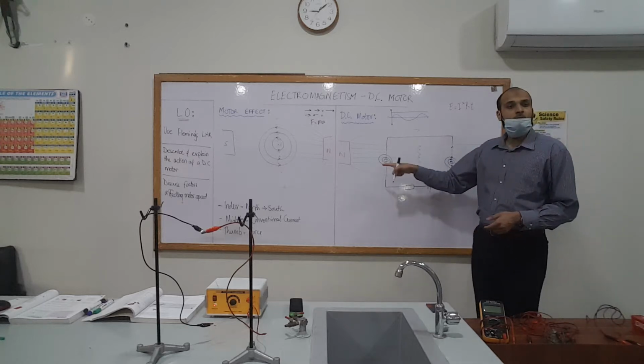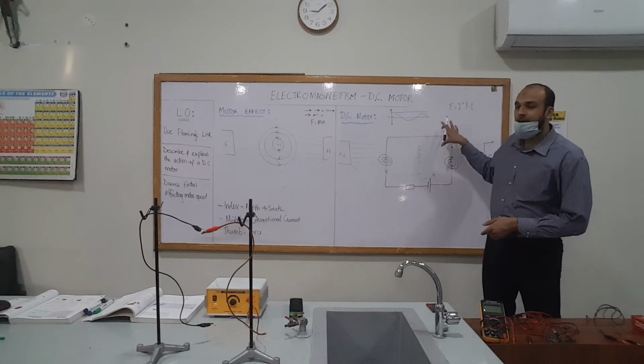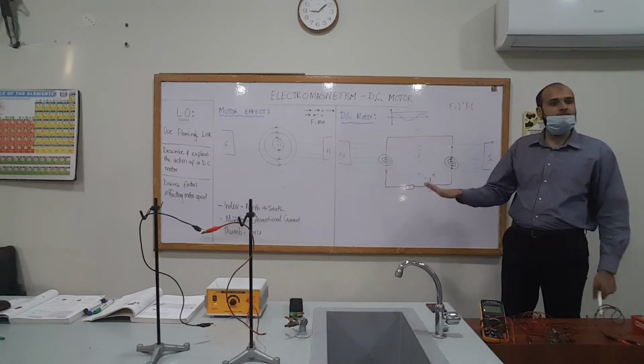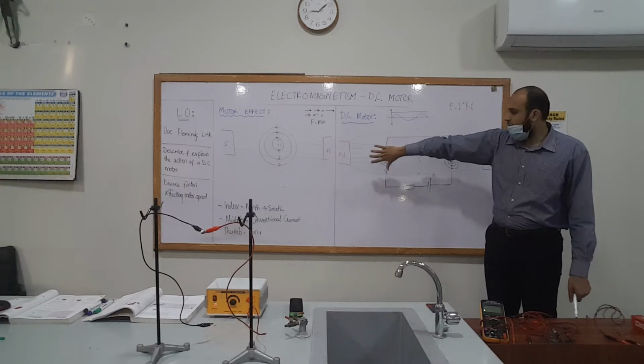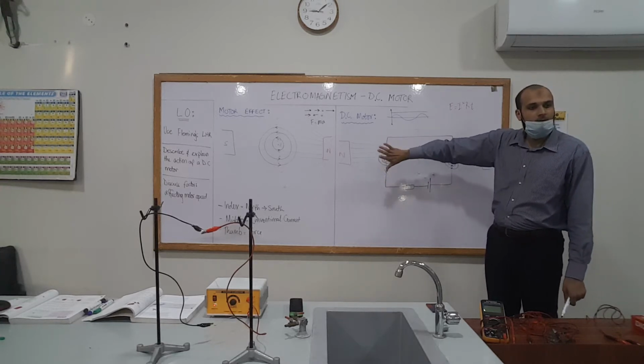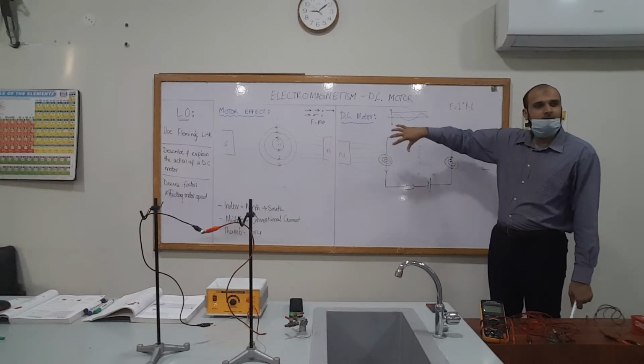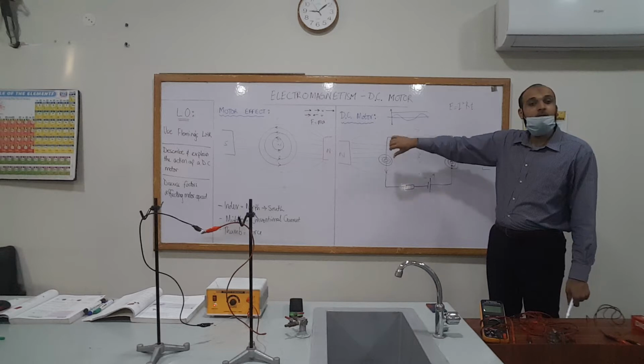And what will this one be? So this time the direction of current is reversed. So the thumb this time should be pointing downwards. Now right hand. So it should be clockwise.